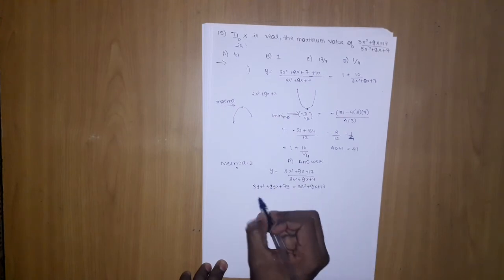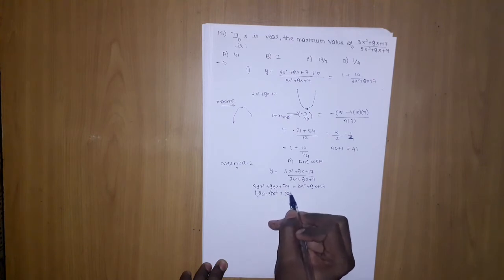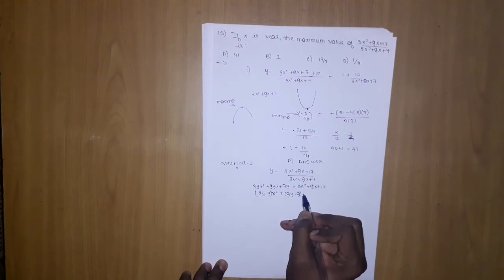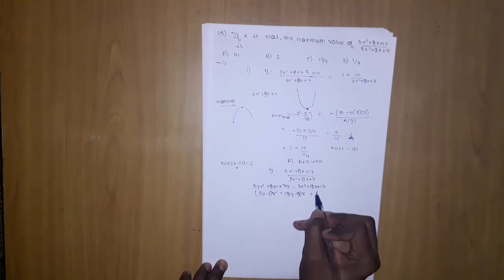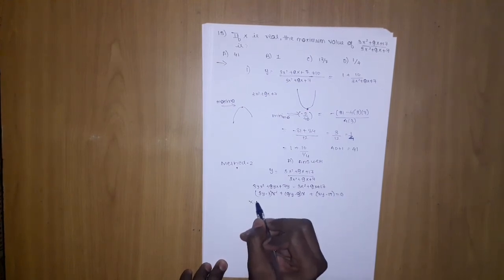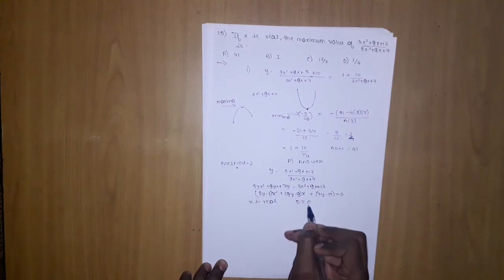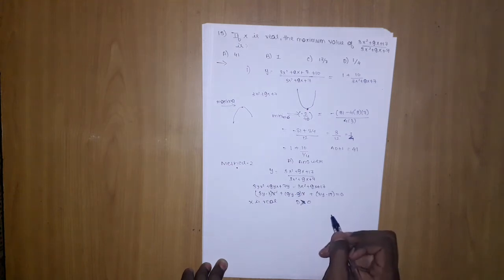Now bring this part here: (3y minus 3) into x square plus (9y minus 9) into x plus (7y minus 17) should be equal to 0. Now x is real, which means it will have real roots, so D is greater than or equal to 0.